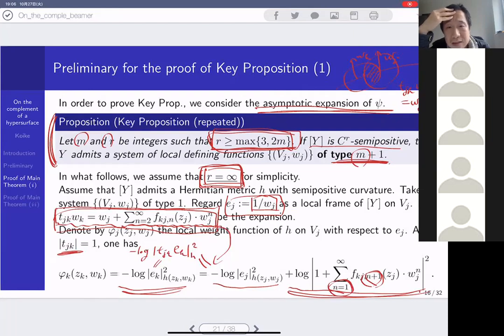So in the case of your proposition, do we have some counterexample which says that if we have the local system of any order, then we have some counterexamples?